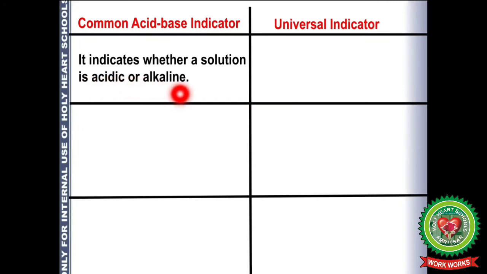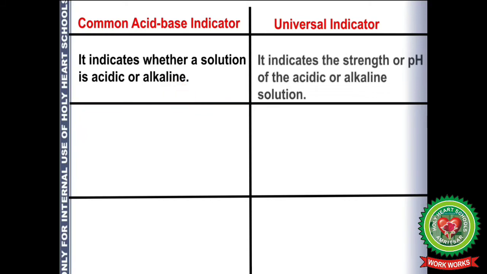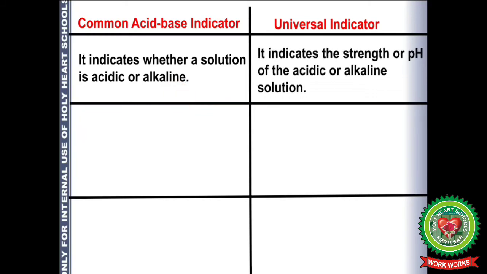So it will only indicate that the solution is acidic or basic. But a universal indicator will actually show us how acidic or basic it is. So it indicates the strength or pH of the acidic or alkaline solution.